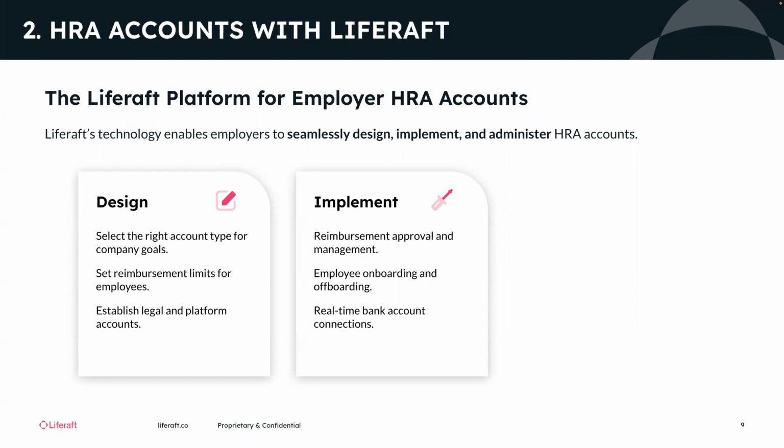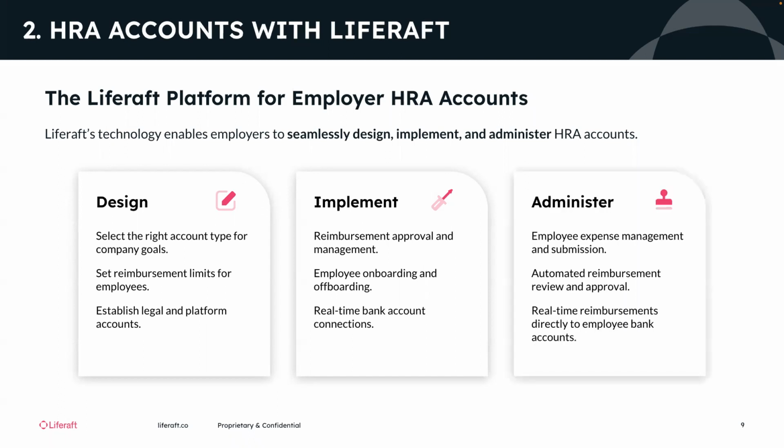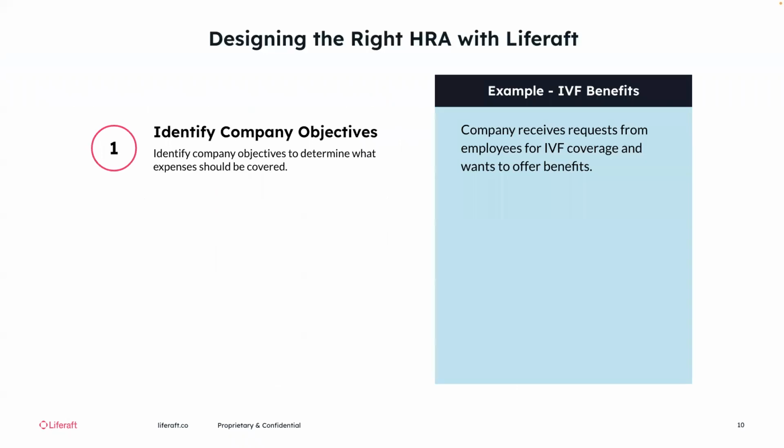So we try to make that as easy and as seamless as possible for both our employers, but also employees. And then when I say administer, it's really around your employees submitting reimbursement requests, making sure that they're getting paid, and then also all of the reporting that comes with that.